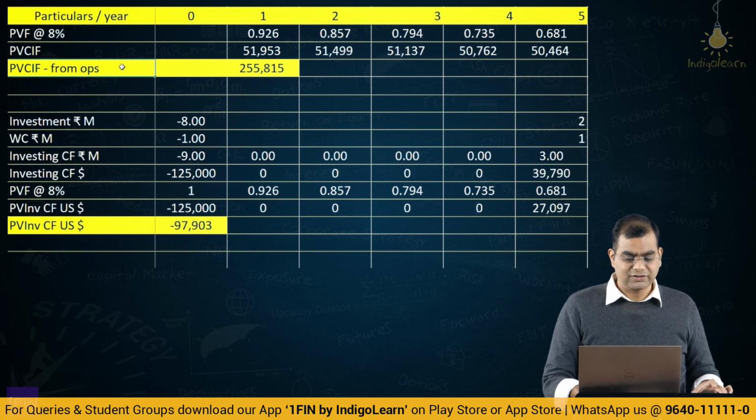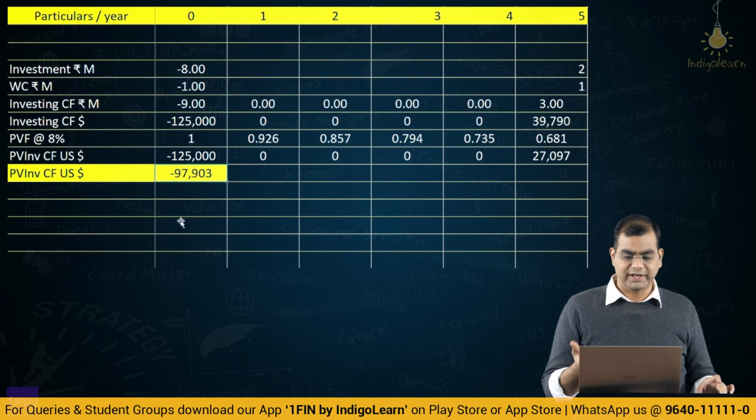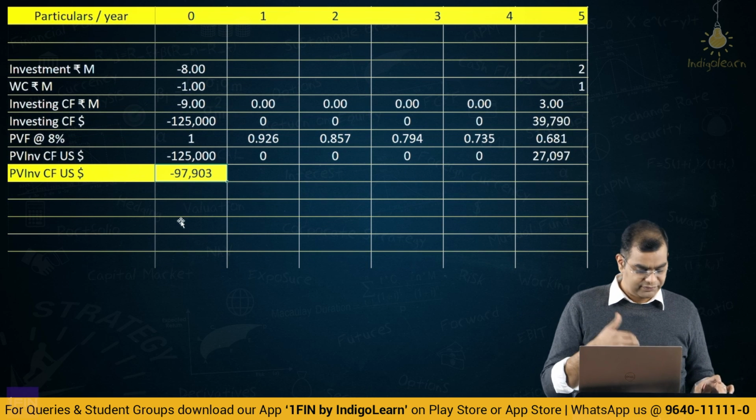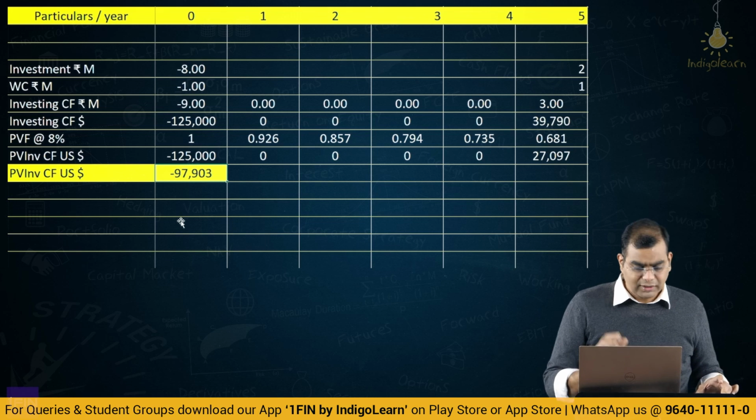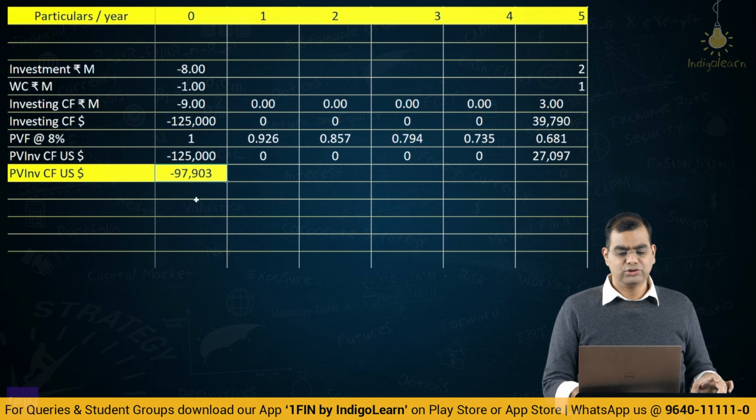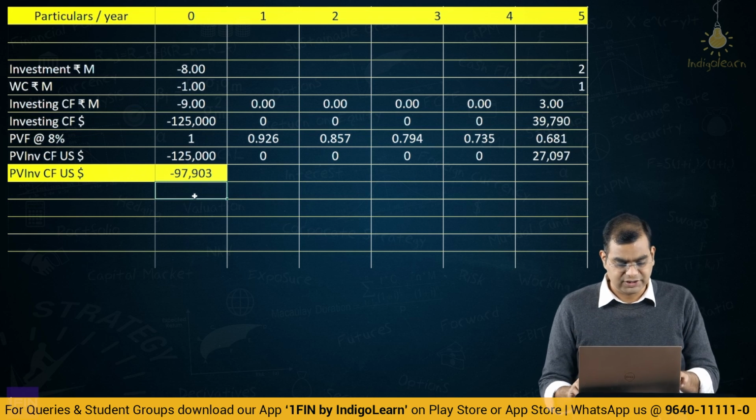So the present value of cash flow from operations is 255,815, which is positive, and from investment activity, including the working capital you are investing and will recoup after 5 years, the net present value is minus 97,903.